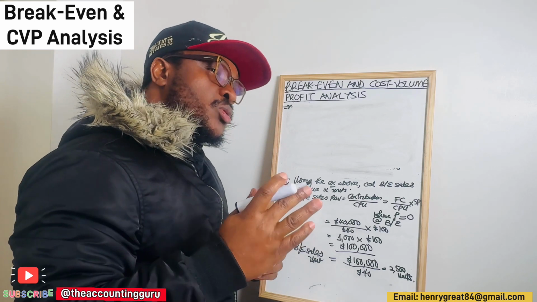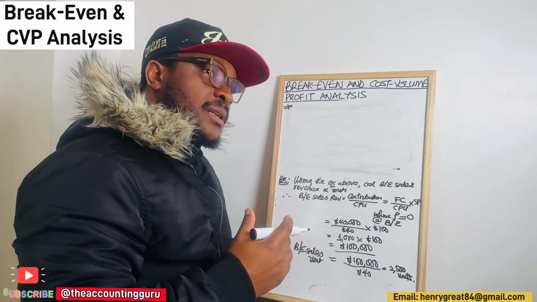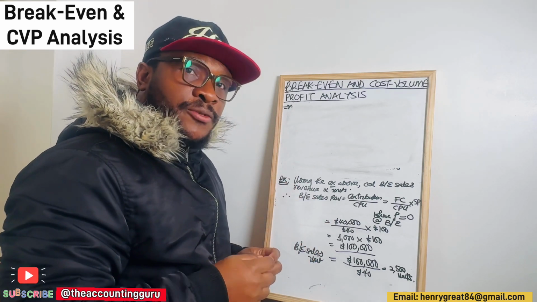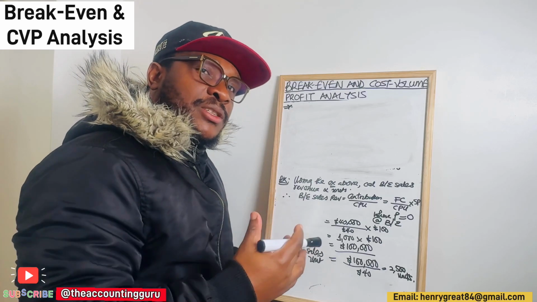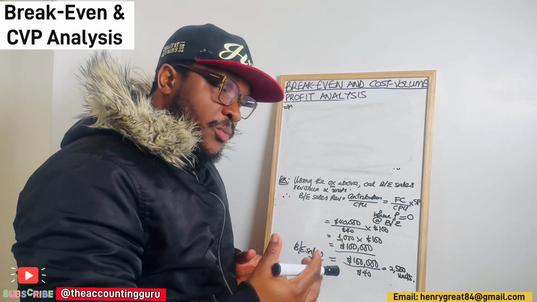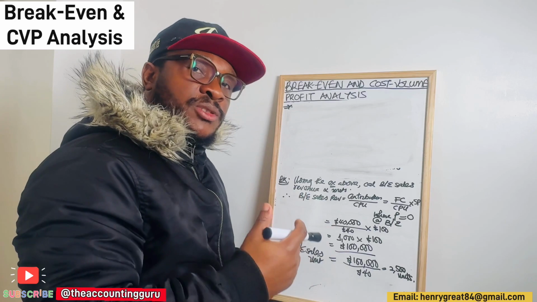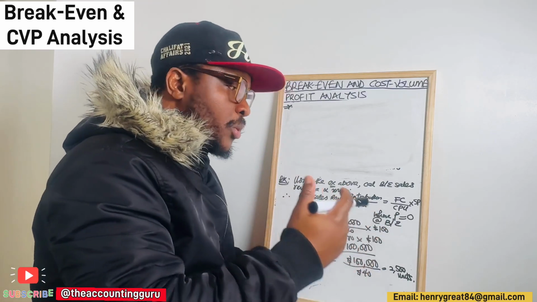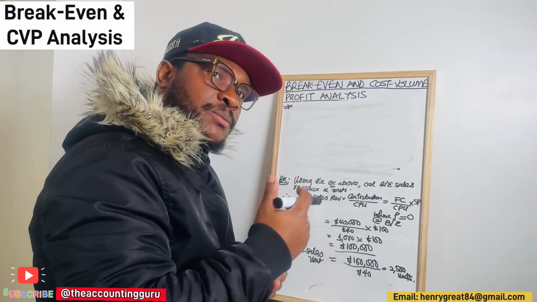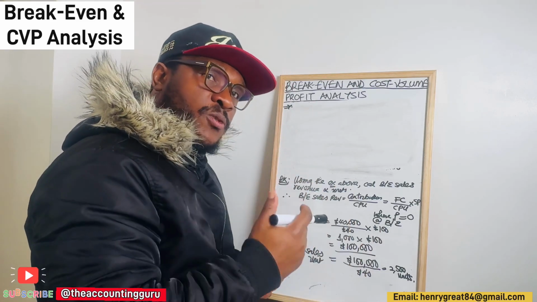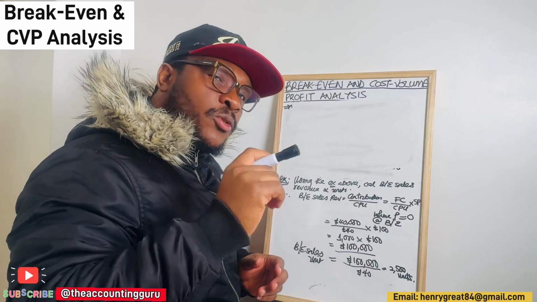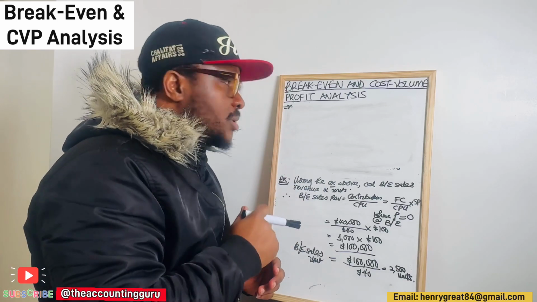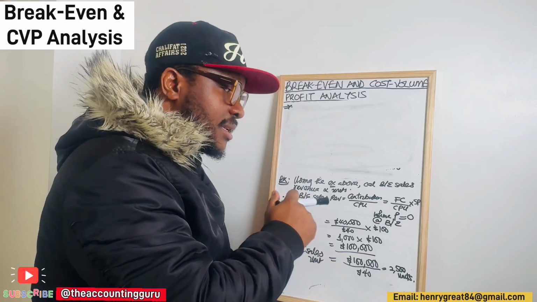You will notice that I said at any sales level, where the examiner asks you to calculate sales, whether sales revenue or sales in unit, you will discover that I have always used contribution over selling price per unit. My focus is this selling price per unit.